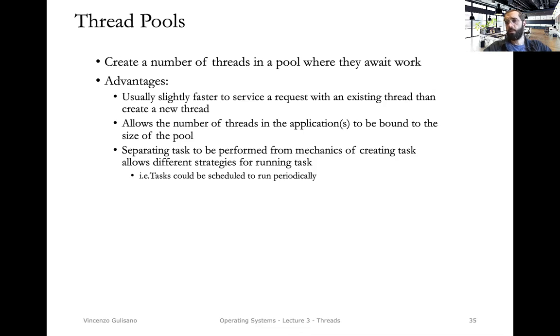In practice, this might also be good, because at the end of the day you have a fixed number of physical cores, and since each physical core can only run one thread at a time, having too many threads doesn't really help. Depending of course on what kind of operations they're doing, especially if they are CPU bound, we will see this next lecture, but simply put, if they do a lot of computation and don't request a lot of input output from the operating system and the hardware, then too many threads doesn't help.